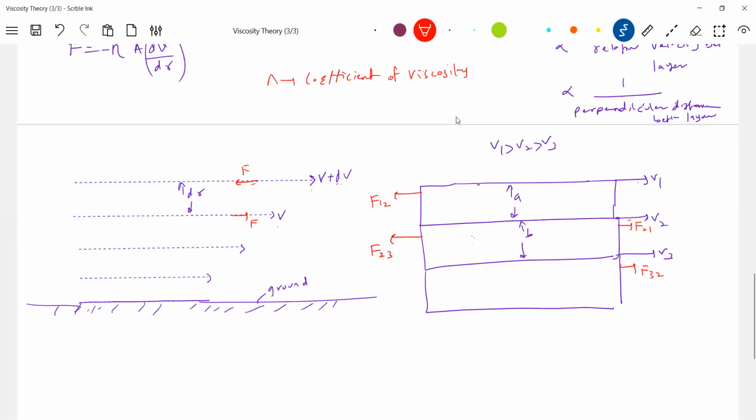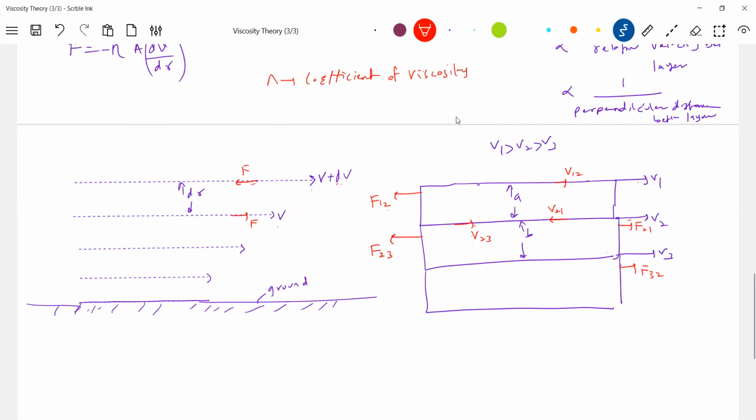So any relation, any reason for that? V12 will be in this direction. Look at here now. So therefore opposite to V12, F12 you have to look at. Now V21 will be like this, so opposite to that F21. Then what do we get? V23 in what direction will it be? V23 will be like this. I'll show it here.